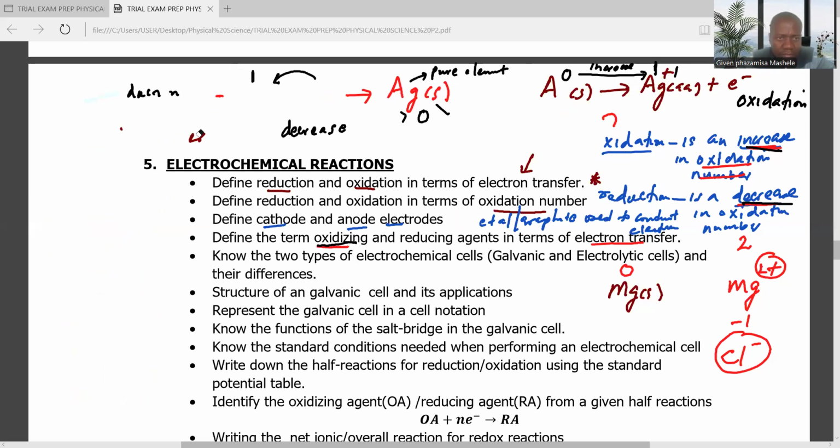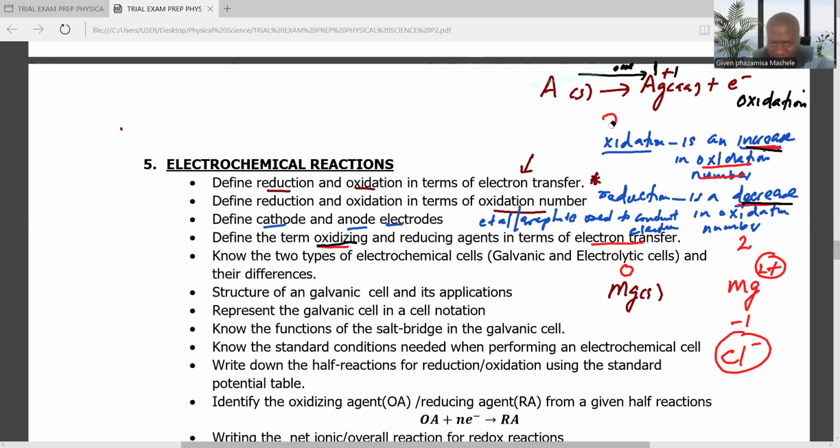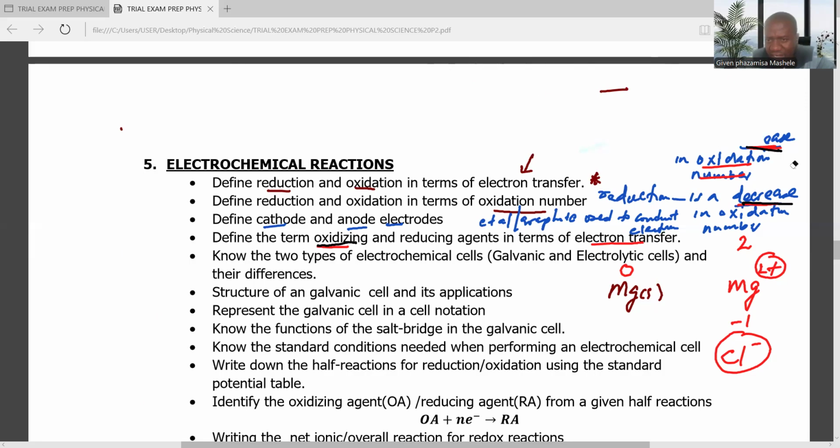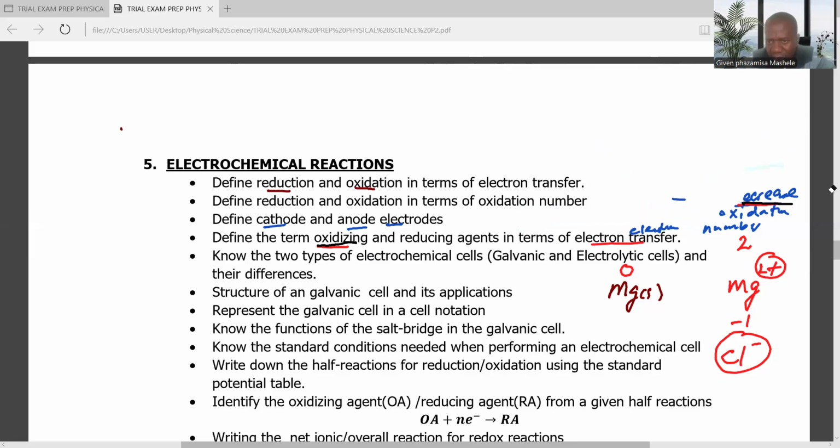Okay? Now, let's talk about the difference between the electrolytic cell and the galvanic cell. And we can also give examples of a galvanic cell.